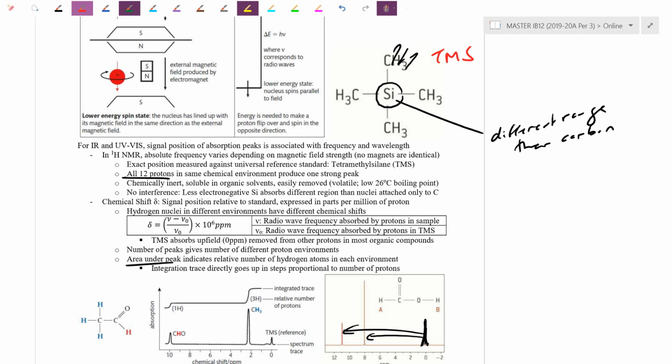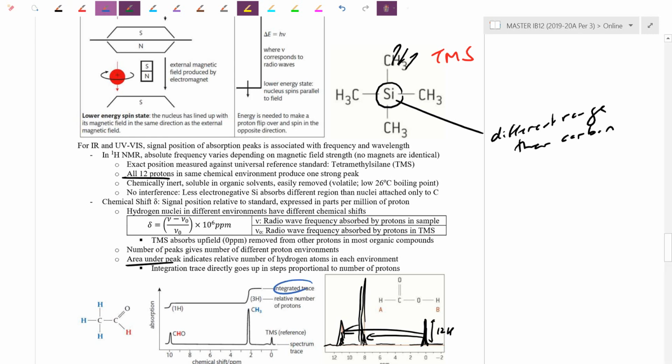Upon running it multiple times, you're going to at first get some background noise, but upon more cycles you're gradually going to get it higher and higher by ratio. And the ratio will tell you how many are in that exact environment. In this case, because we have 12 H's, we're going to get a very high peak.